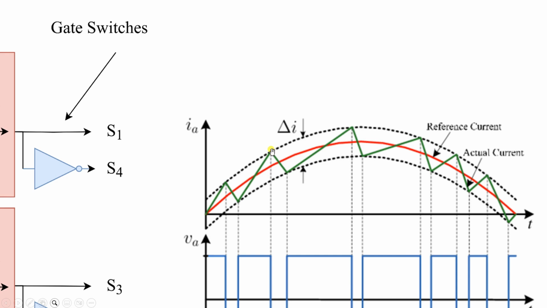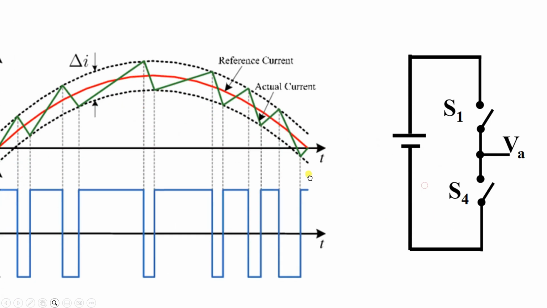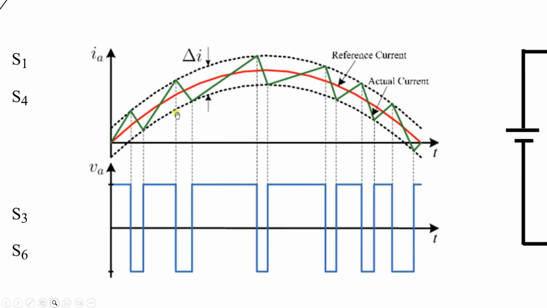So in this case, S4 will be on and S1 will be off, and the negative is connected to VA. So what you will see at this point here is that we were on from here until this point.